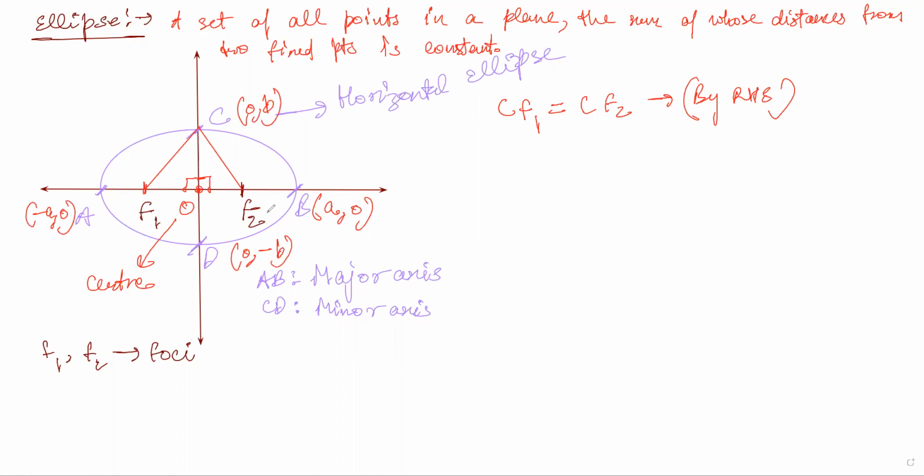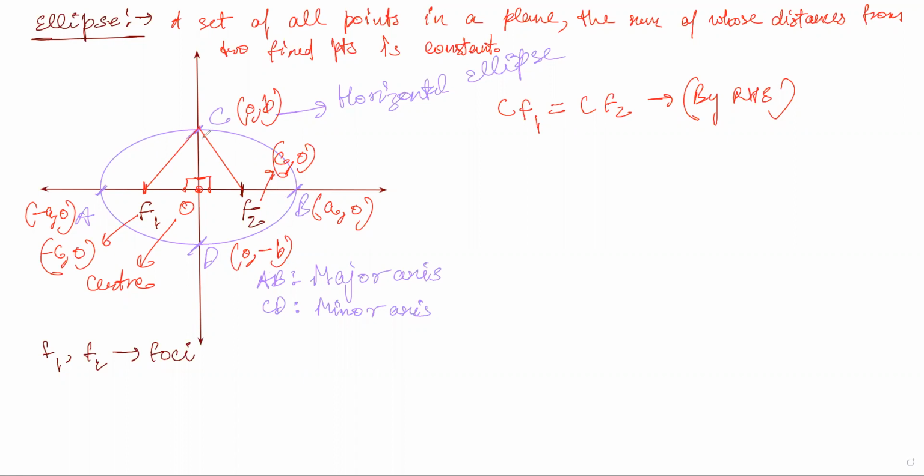And let's say this F1 and F2 are also like this. So this F2 is c comma 0. F2 is c comma 0. Right? And F1 is minus c comma 0. I've given 3 variables to these foci, minor axis and major axis. 3 different variables, right?